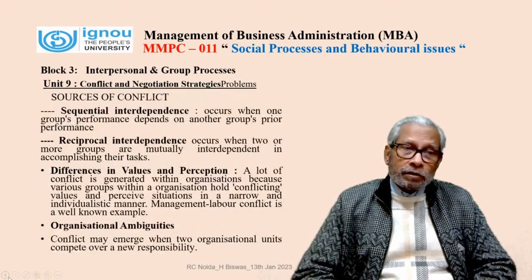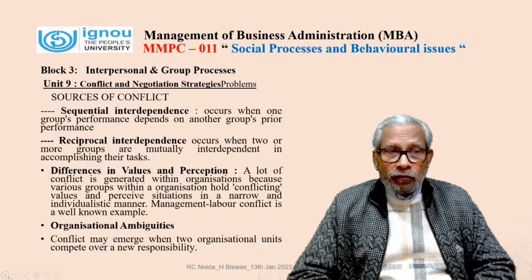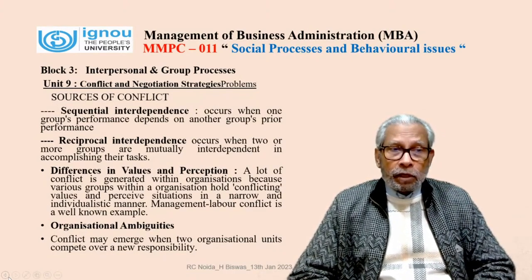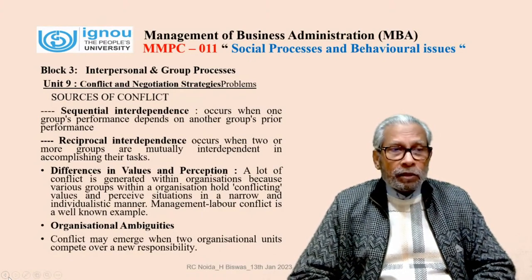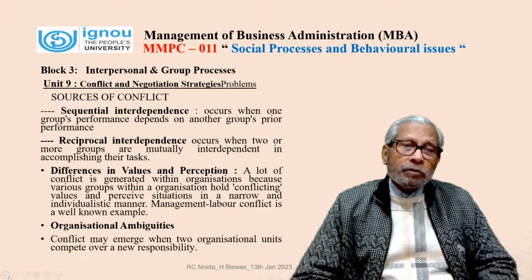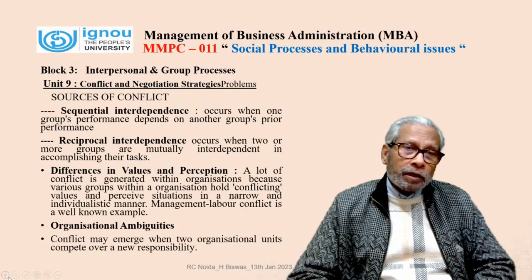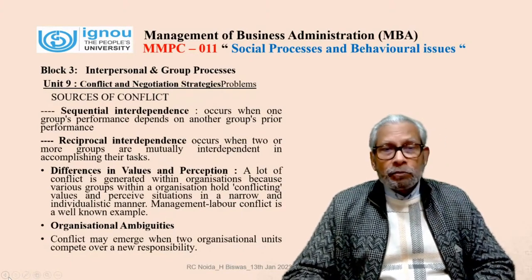Sources of conflict. Sequential interdependence occurs when one group's performance depends on another group's work. Suppose one group has finished their work; before that, it depends on the others. Something like critical path methods, CPM type, where one job is completed and then the other job starts.